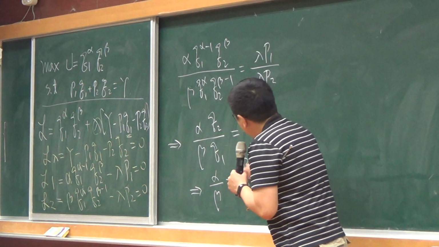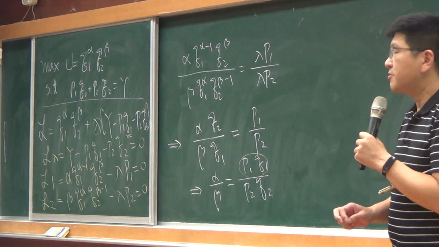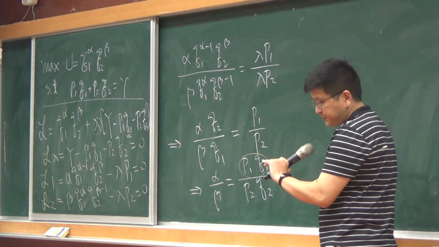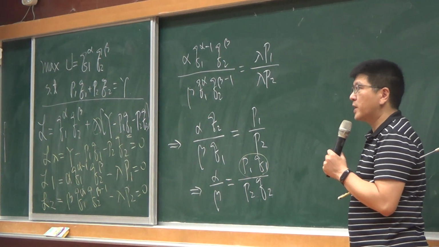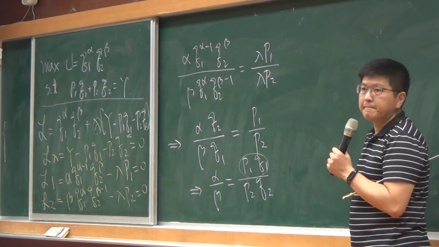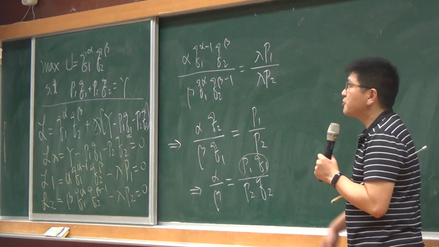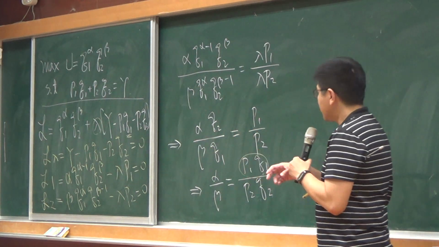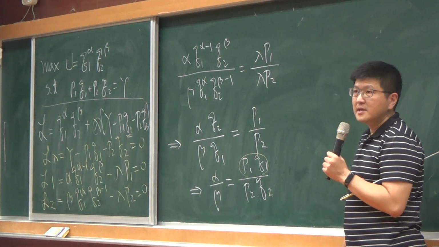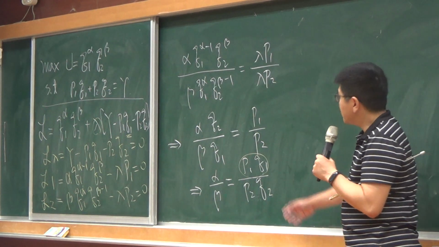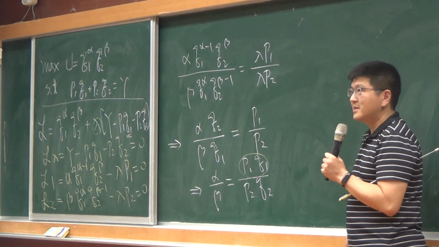So, what does this term mean? What do you think this term represents? What is P1 Q1? The money you spend on good one, or the expenditure on good one, right? The total money you spent on good one.